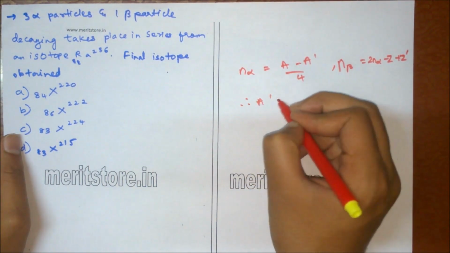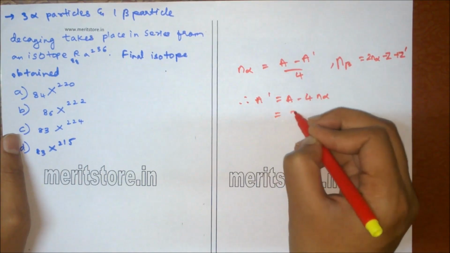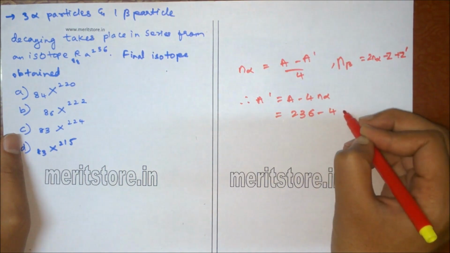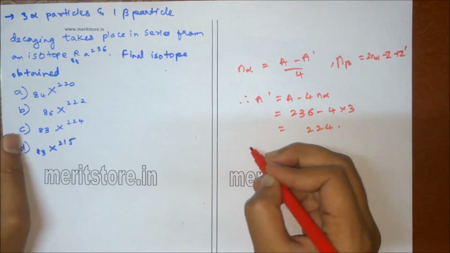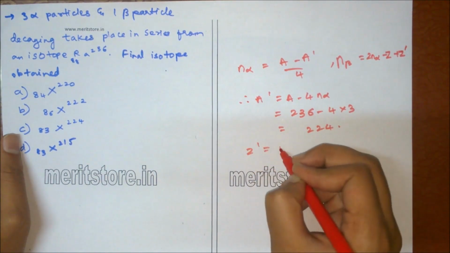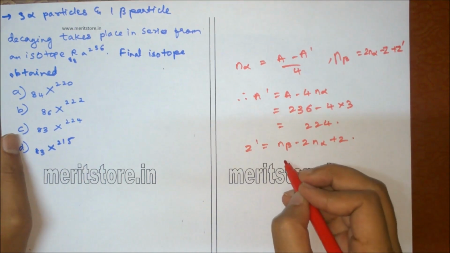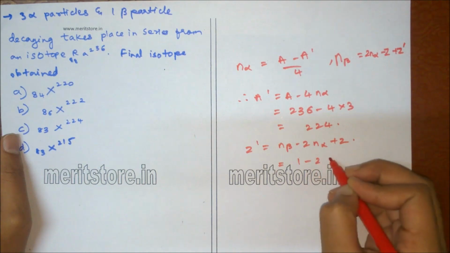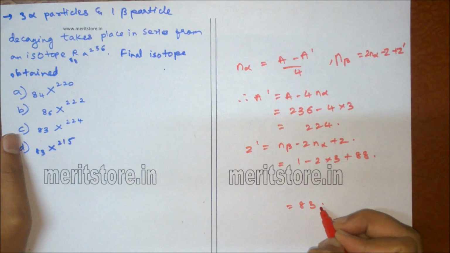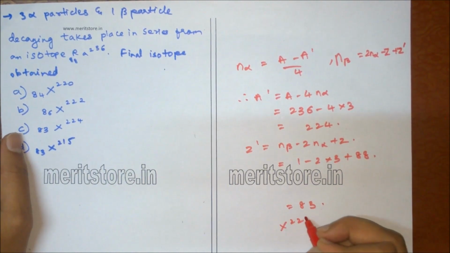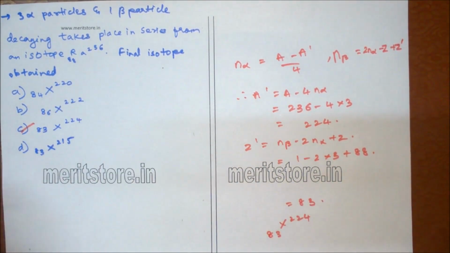Therefore, A dash is equal to A minus 4 n alpha, which we can write as 236 minus 4 into 3, which is equal to 224. And Z dash is equal to n beta minus 2 n alpha plus Z, which we can write as 1 minus 2 into 3 plus 88, which is equal to 83. So X with 224 and 83. Option C is the correct answer.